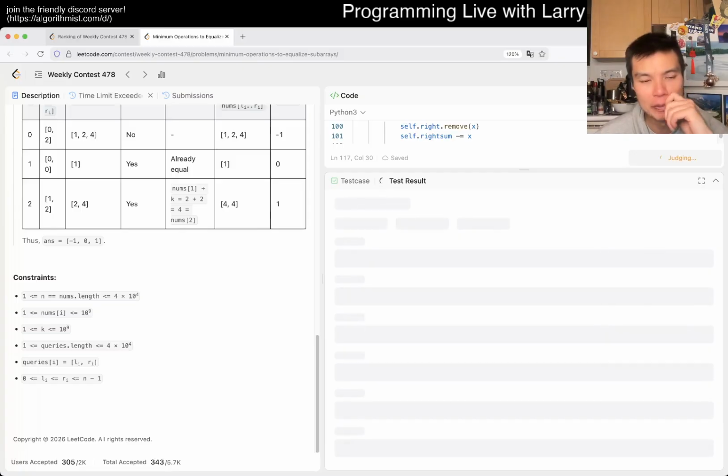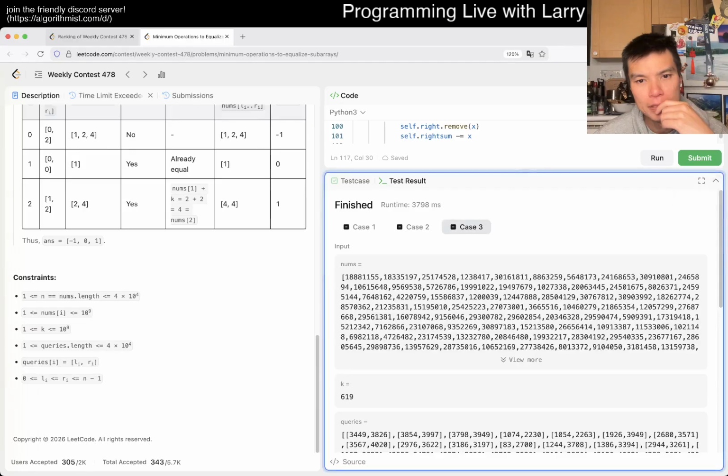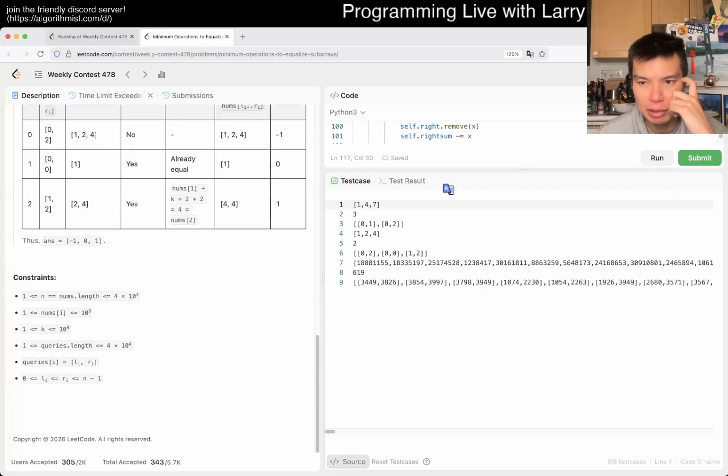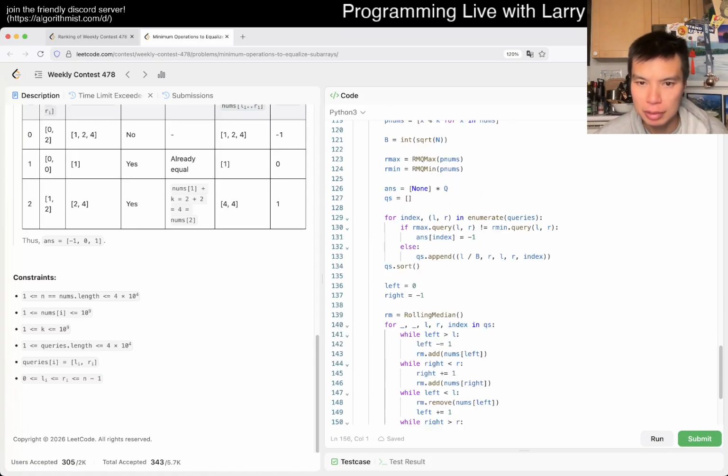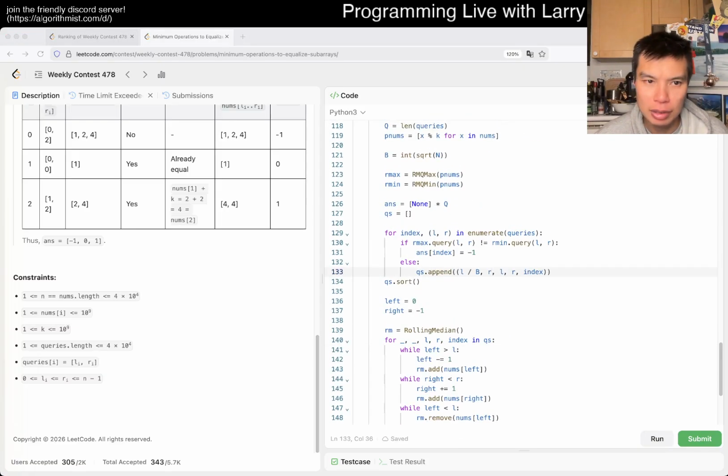If it times out, then we know that we have a queries issue. No, it's still the same time, so I think it's just Leetcode not being great. I don't know why this is so slow though, but am I missing something on the thing? Am I messing up on the?